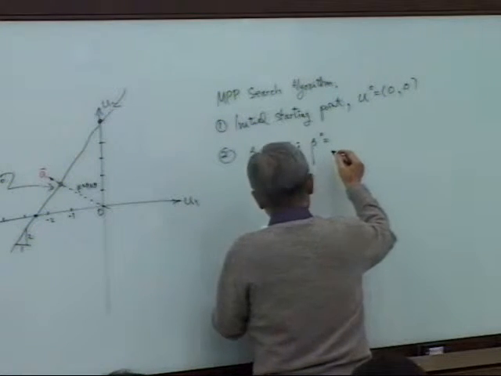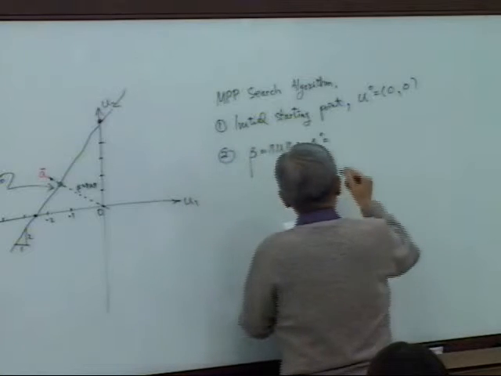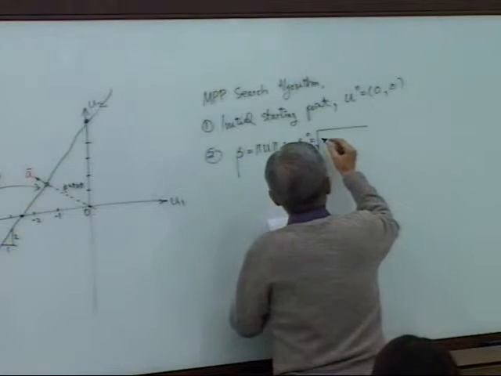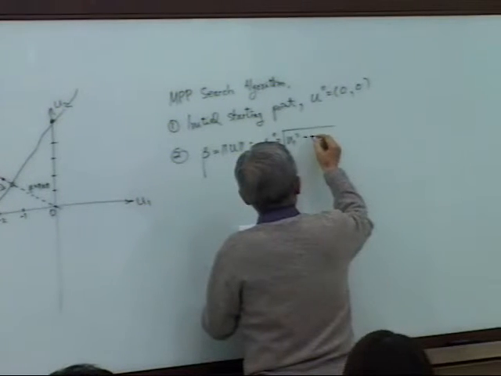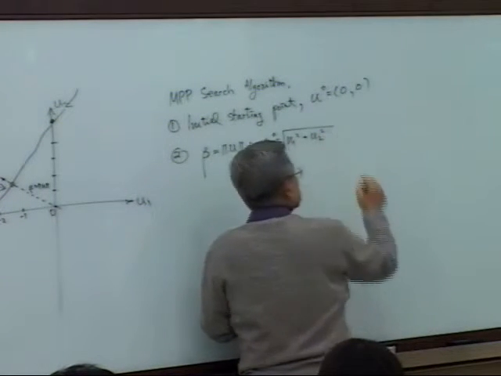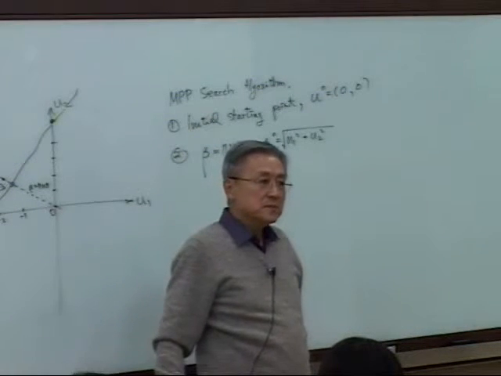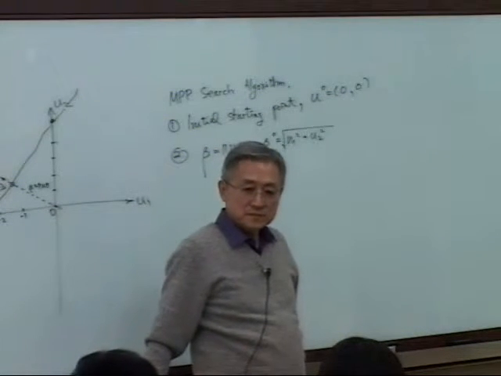Beta 0 is equal to the distance, which is u1 squared plus u2 squared. Beta is a norm, right? What's the value?